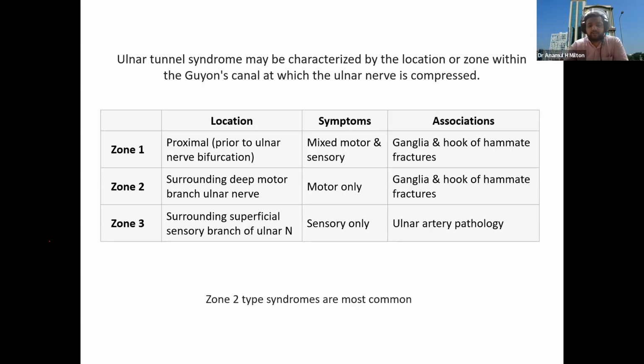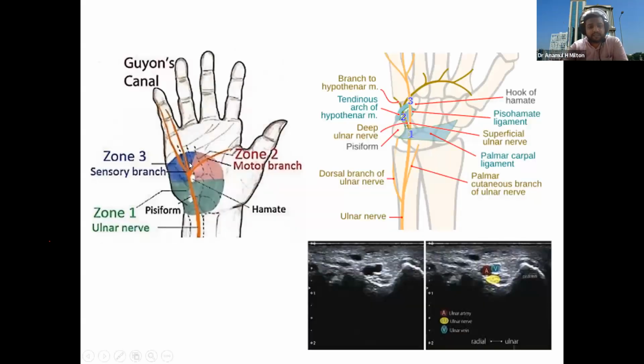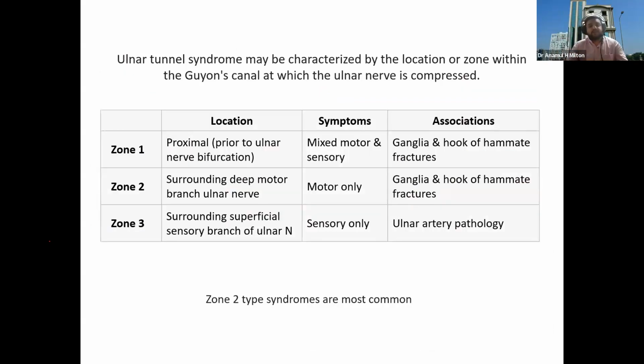This area is supplied by the ulnar nerve, and there is motor loss with wasting of these muscles. If zone 3 is affected, only the superficial sensory branch of the ulnar nerve is involved, so only sensory is affected.